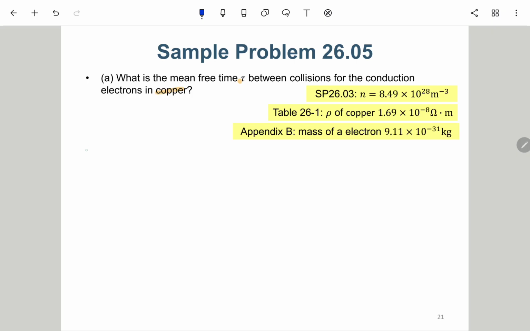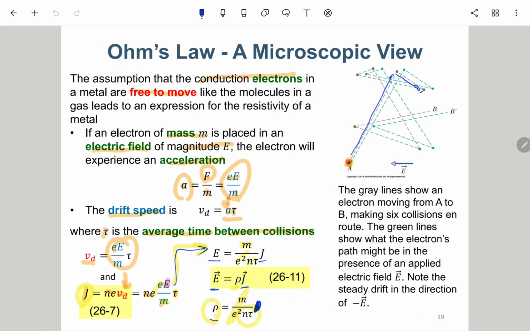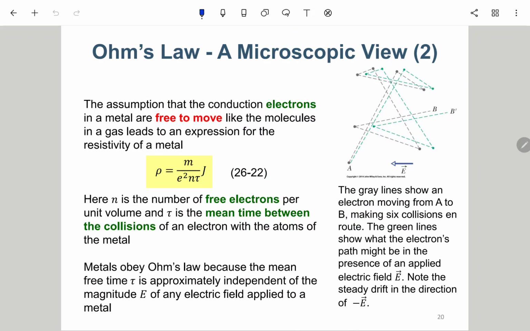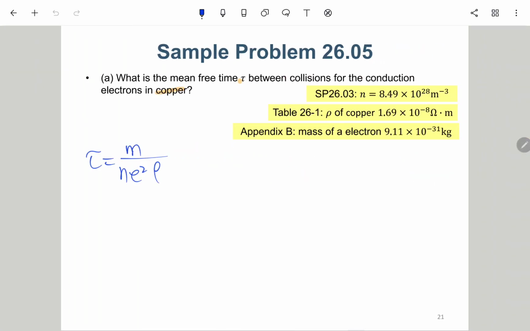So it is actually tau equals m over n e squared rho. Using this one, tau equals, moving the e squared n over m to the other side.